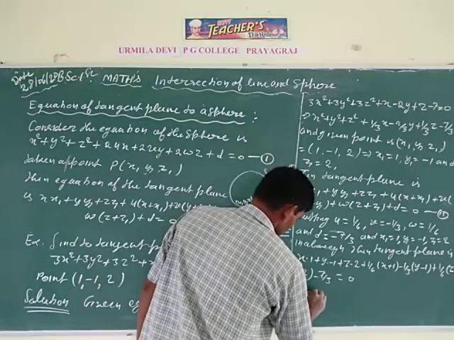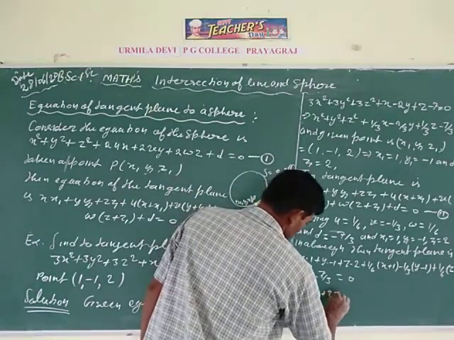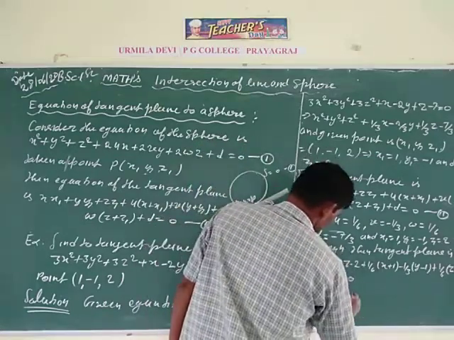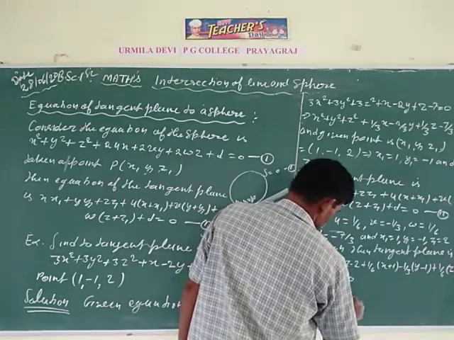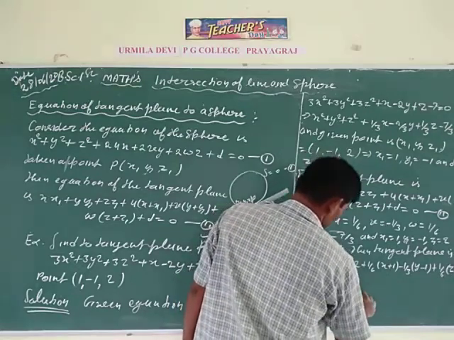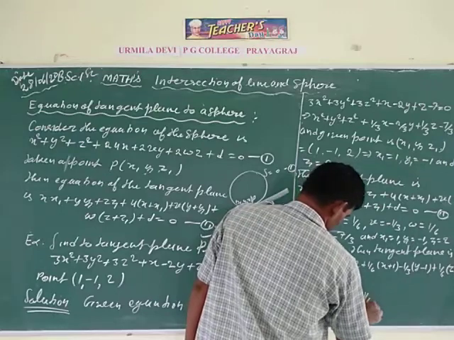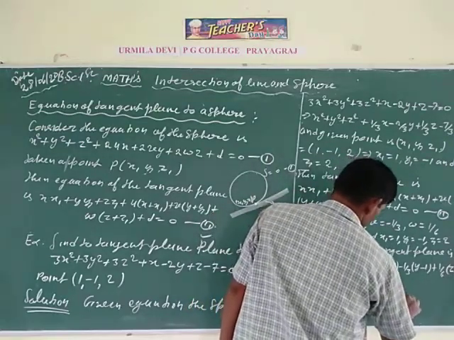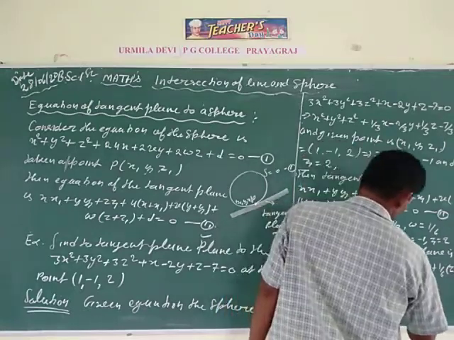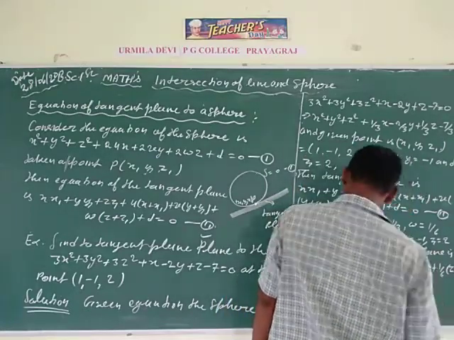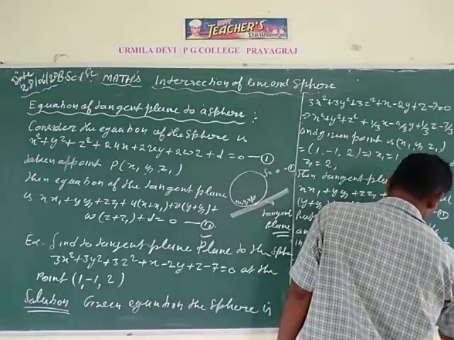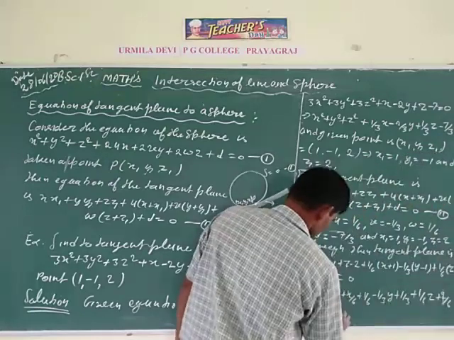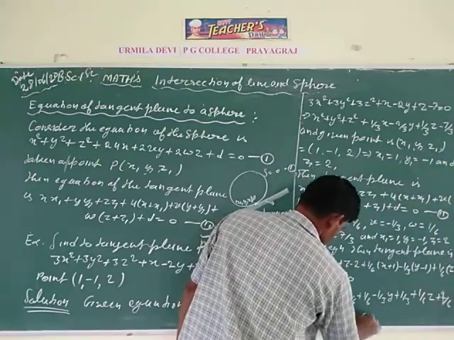So x minus y plus 2z plus x by 6 plus 1 by 6 minus 1 by 3 y plus 1 by 3 plus 1 by 6 z plus 2 by 6 and at last minus 7 by 3 is equal to 0.